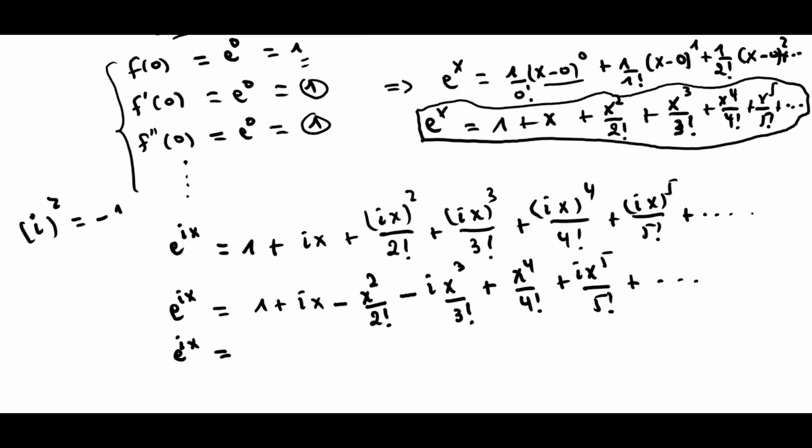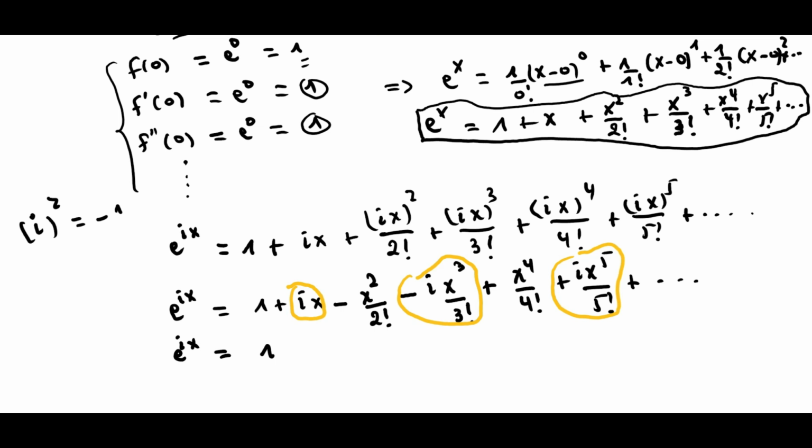If we separate those two parts, we will have the real part to be, we have one here, but in here, let me use another color. Here we have i, and in here also we have i. Yes, and in this term also we have i.